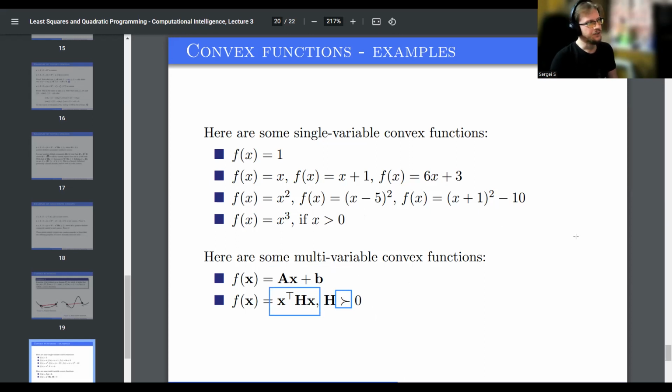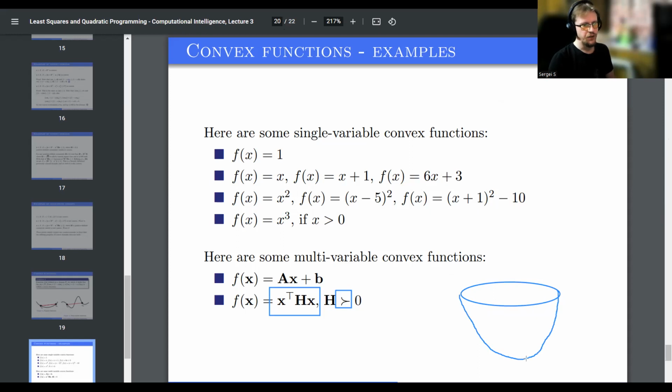This is a paraboloid. So this would be the function. I'm not sure if I'll be able to draw it. Let me try, but something like this, and then something like this. So paraboloid. In n dimensions would be an n-dimensional paraboloid. When I draw it this way, sometimes it is difficult to understand what exactly I mean.